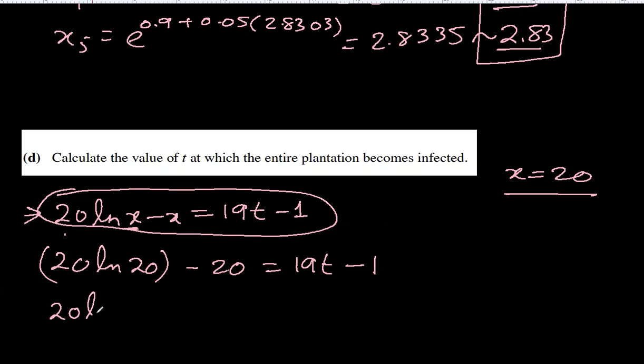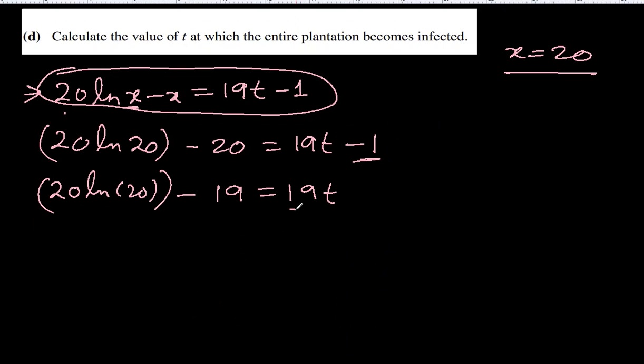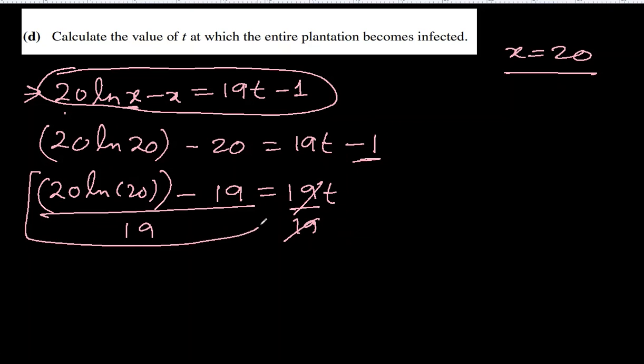So 20 ln 20 minus 20 and plus 1 will make it minus 19 equal to 19t, and we'll divide both sides by 19 so that we isolate t here.